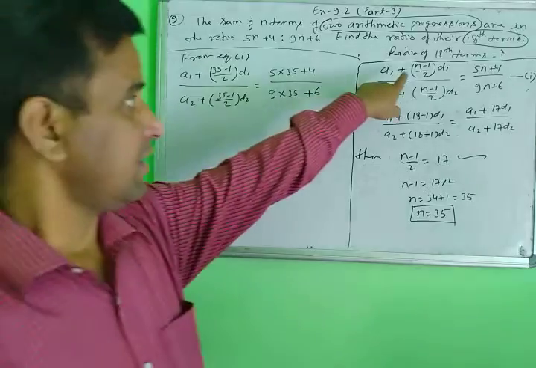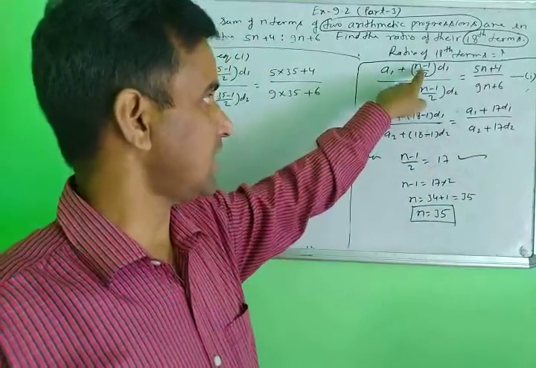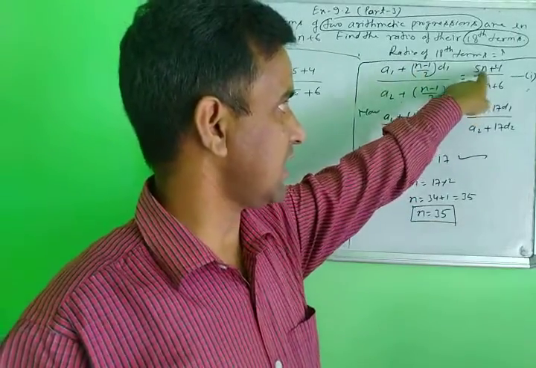On both sides, left side and right side, you put the value of n as 35.